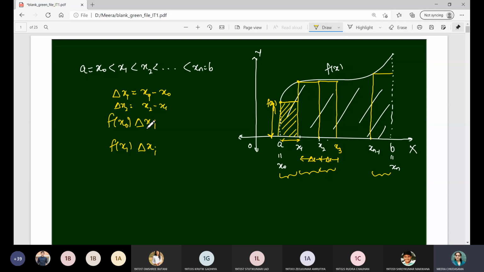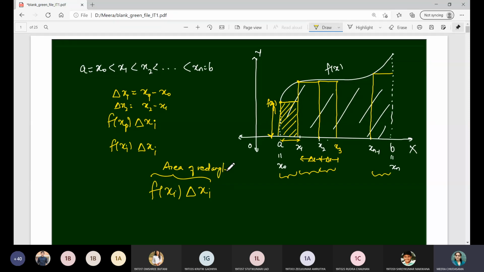So now delta xi means the length of these subintervals, and suppose this is xi, then f of xi is the corresponding function value. When I consider the product of the function value and the length of the subinterval, this is nothing but the area of one of the rectangles.